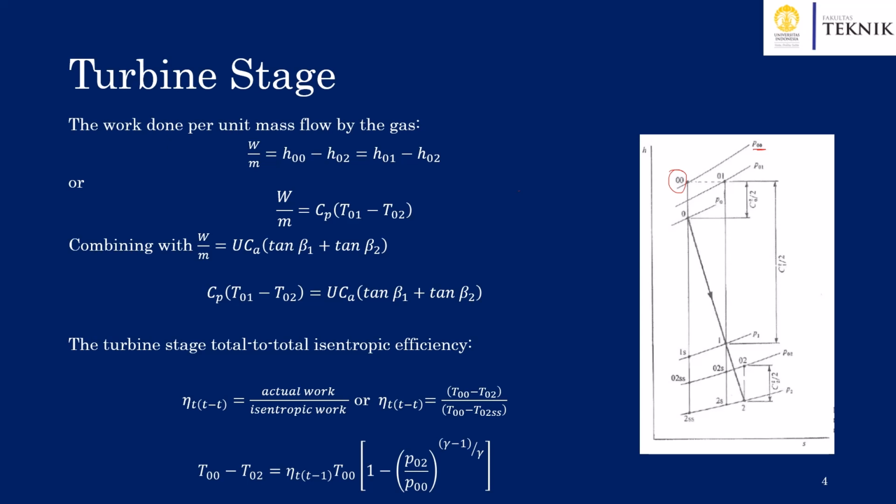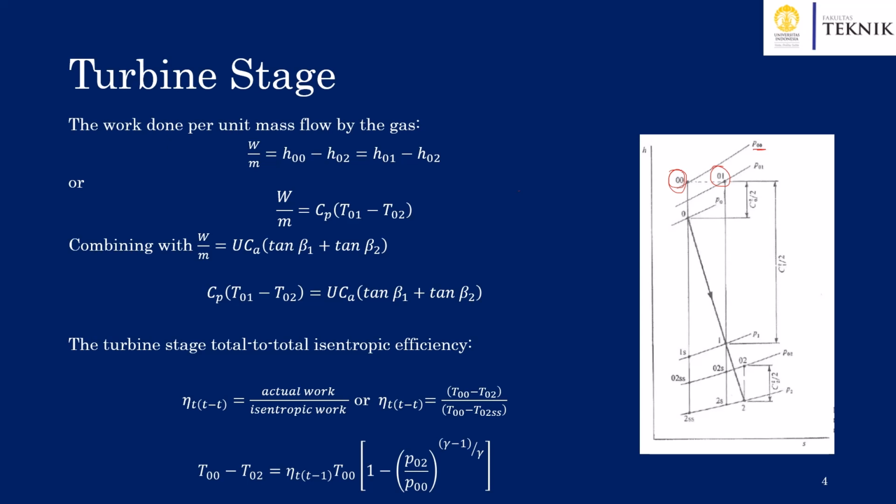As the fluid moves through the stator in adiabatic conditions, the enthalpy will remain constant between H00 to H01. And this explains the conditions between the inlet and outlet of the stator.